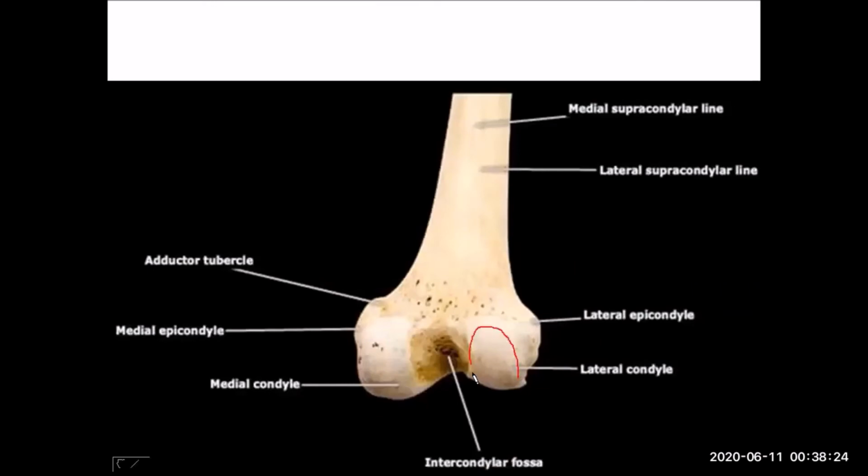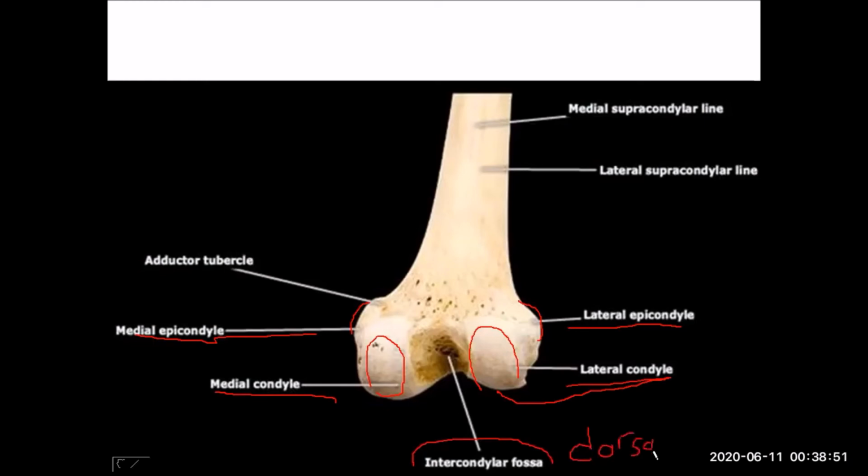So here's a better look at the lateral condyle versus the lateral epicondyle. And the same goes for the medial side. The medial condyle at the much more extreme edge, medial epicondyle, with the intercondylar fossa right in the center, and of course it's on the posterior side.